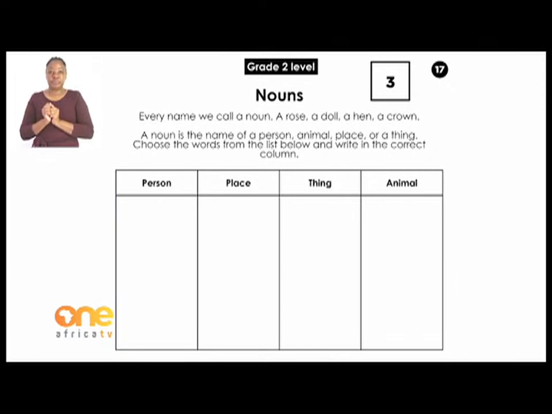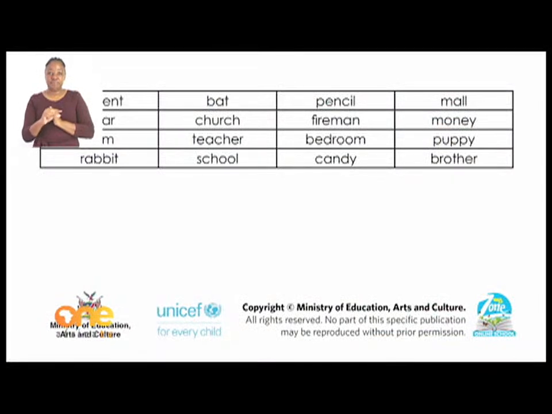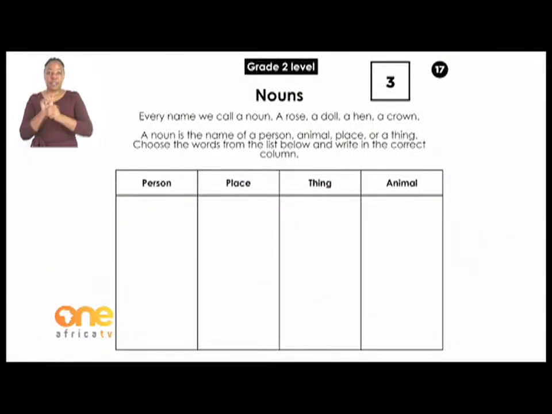Let's look at the last word there in that word box, which is mall. I love going to Groove Mall, especially when they have cheap things for me to buy. Let's see, is Groove Mall a person? I don't think so. It's definitely not a thing. And I'm sure it's not an animal.